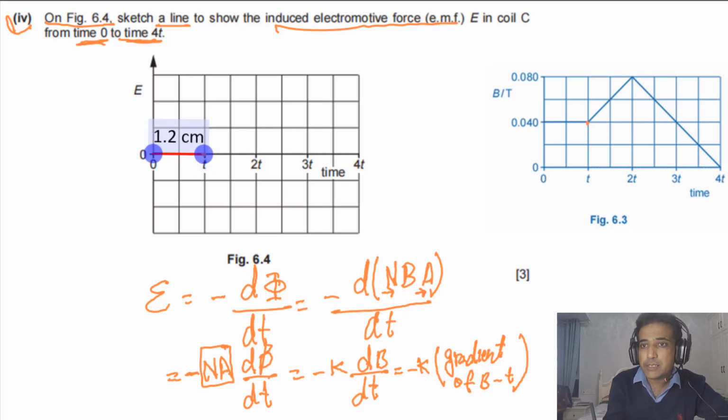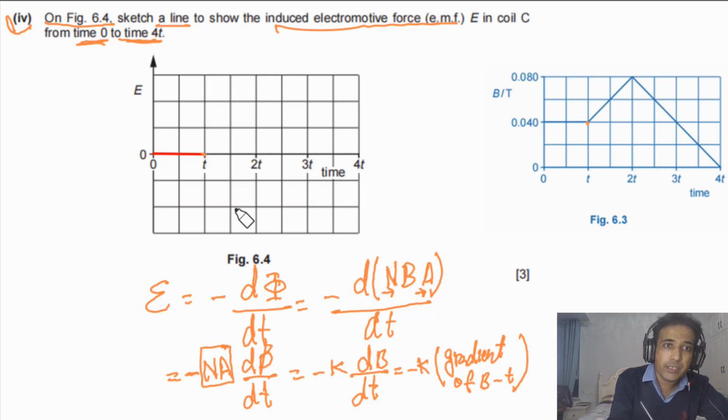Now if you look at the second part here, this gradient is positive, but here we have this negative sign, this minus sign. So the gradient is positive, so the EMF has to be negative. We don't have the exact value, and the scale is not given to us, so simply you can draw the line here.